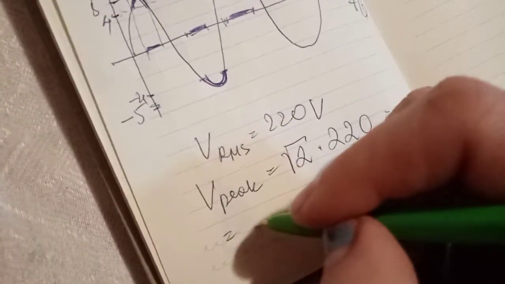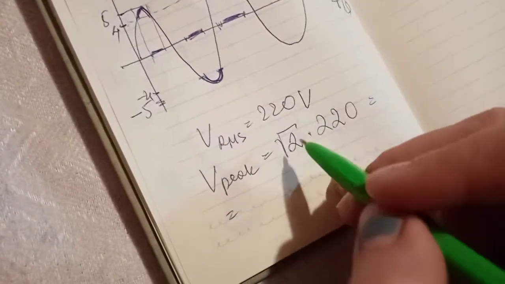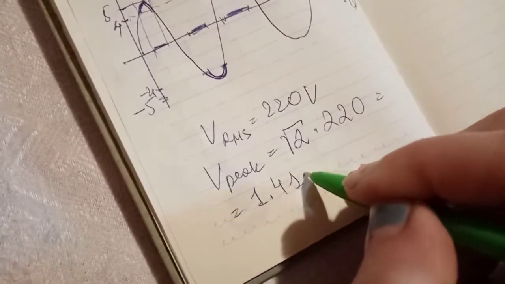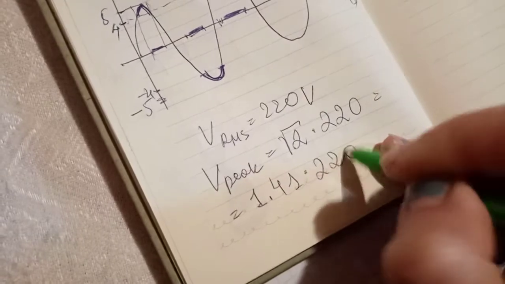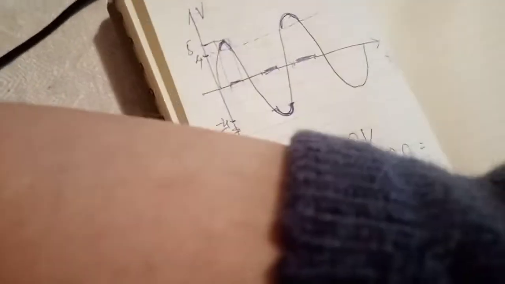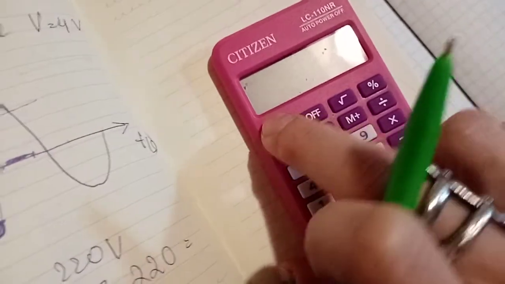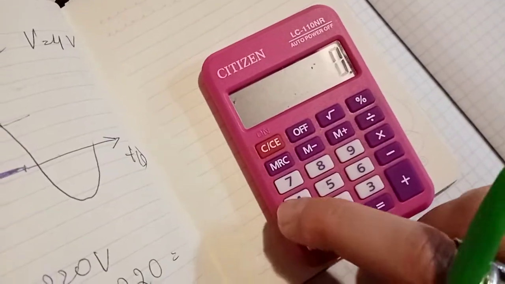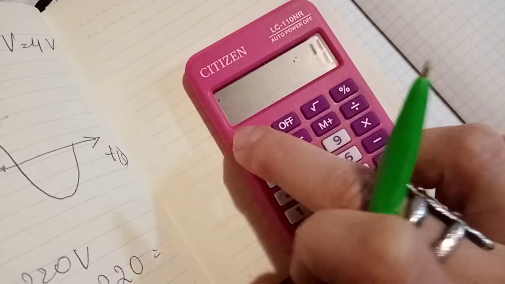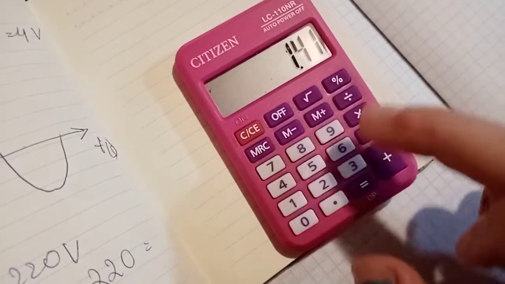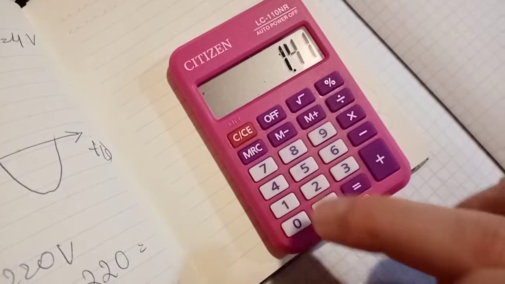So how much will it be? Usually I take the square root as 1.41, multiplied by 220, and I can use my calculator and count it. So, no, it's not so easy to talk to you and to push the buttons.